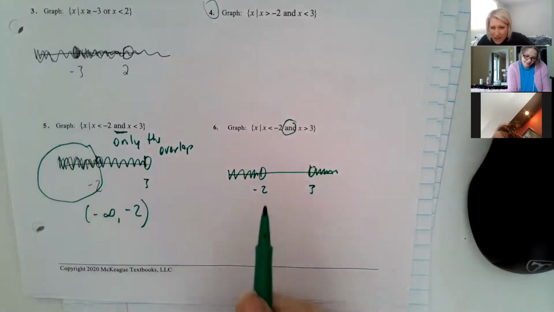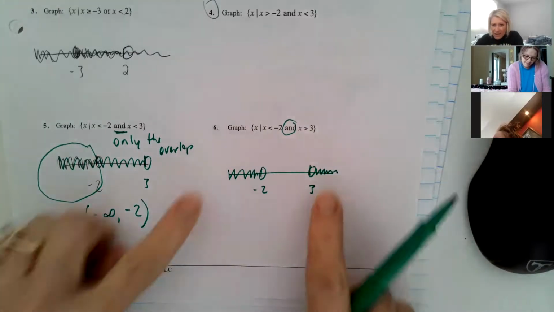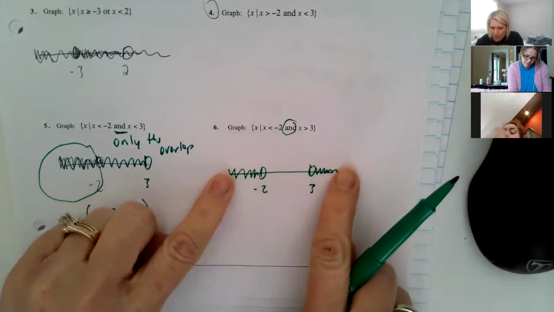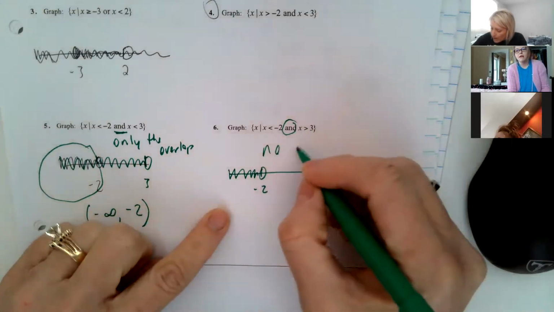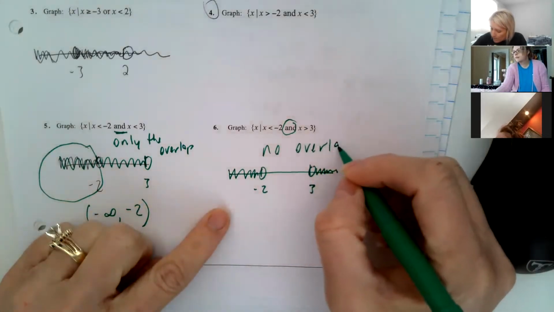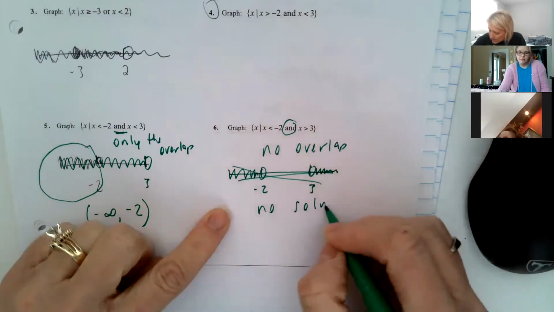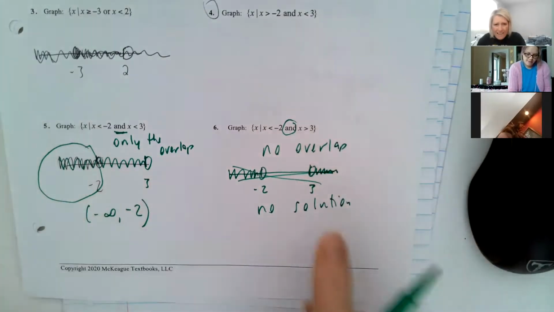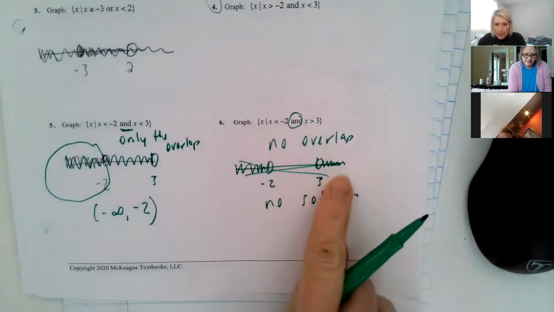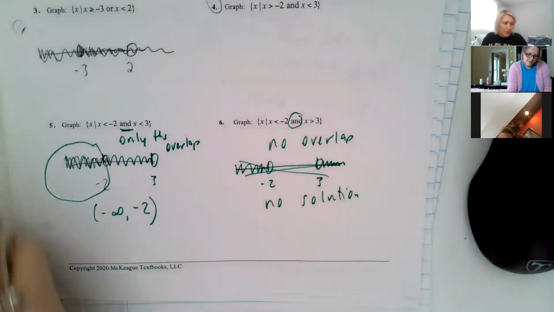So is there any overlap? There's no overlap. So there's really no solution, because x cannot be less than -2 and bigger than 3 at the same time. It's just not possible.